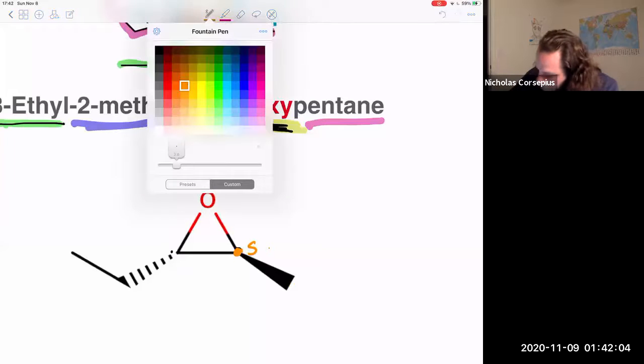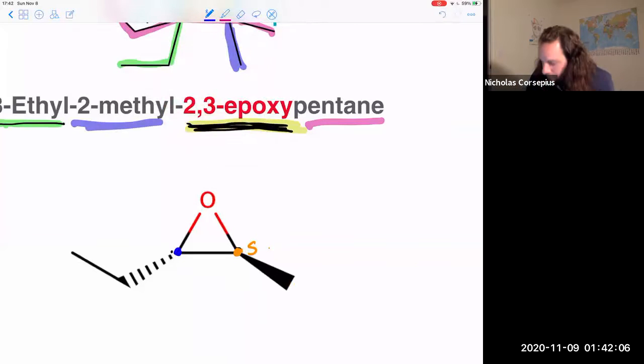Now I'm going to go choose a different color. Now we got to assign this stereocenter here. Again, my oxygen gets 1, the highest molecular weight. It's not weight, sorry. I know I always say that. Highest atomic number. They do correlate, but it's atomic number that matters. This carbon will get priority 2. So this carbon is priority 3.